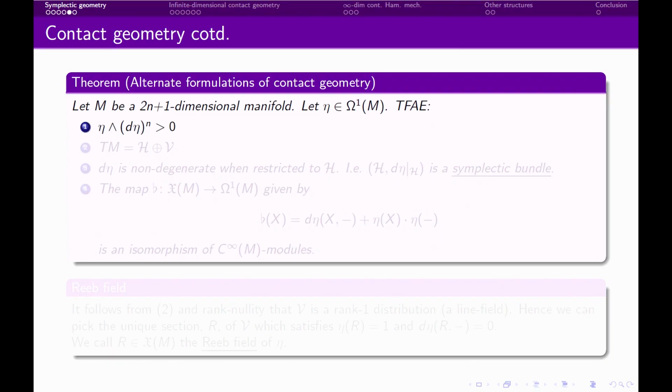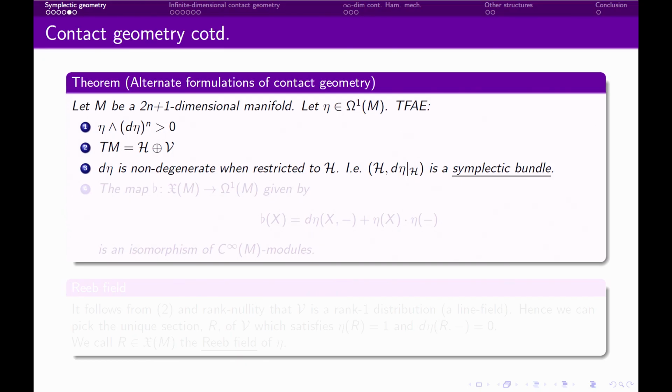The definition is eta wedge (d eta)^n being a volume form, but equivalently, if the tangent bundle splits into our horizontal and vertical bundles, then it's contact, and also it's contact if and only if d eta is non-degenerate when restricted to H.